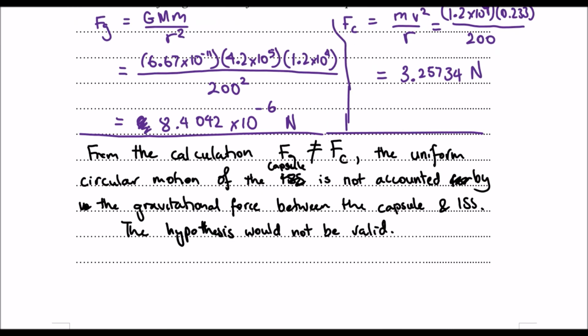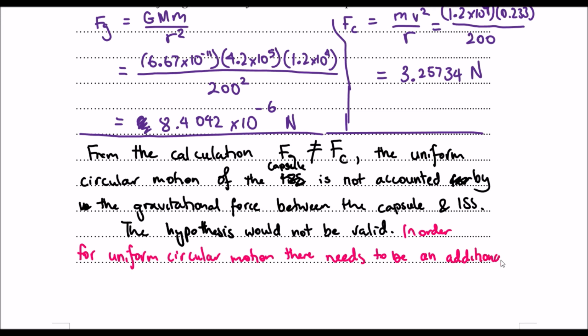So we could also add, and I'll do this in a different color, just to represent, because it's a different type of issue, in order for uniform circular motion to occur, there needs to be an additional force on our capsule. And that's how you do the problem.